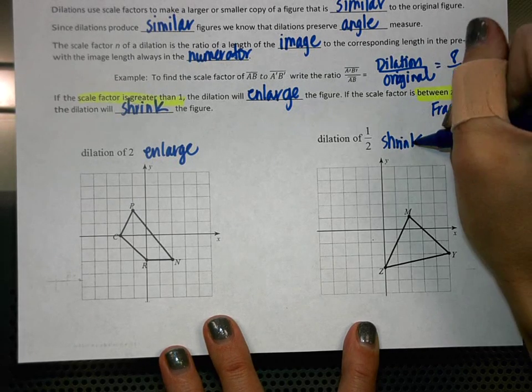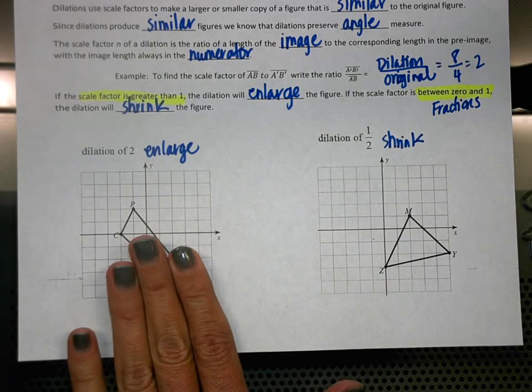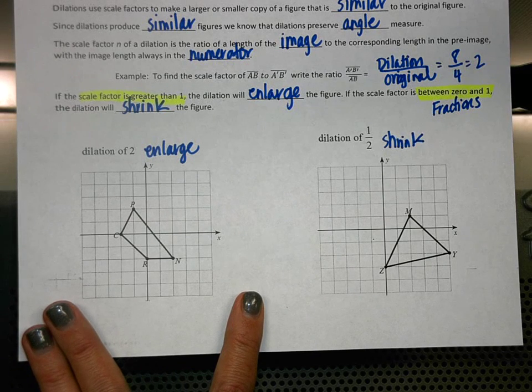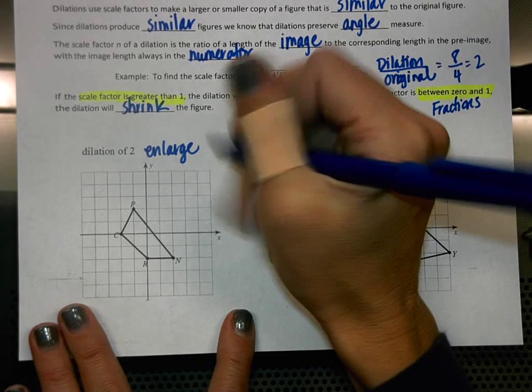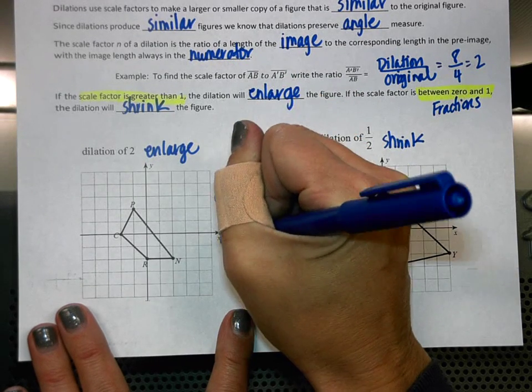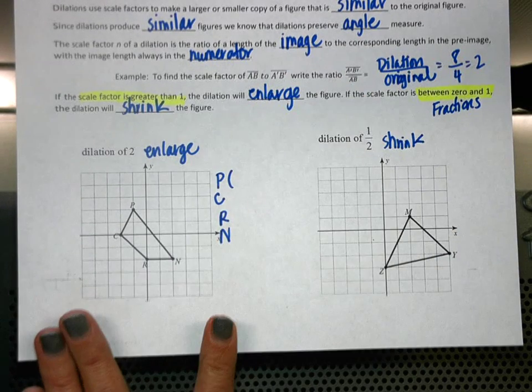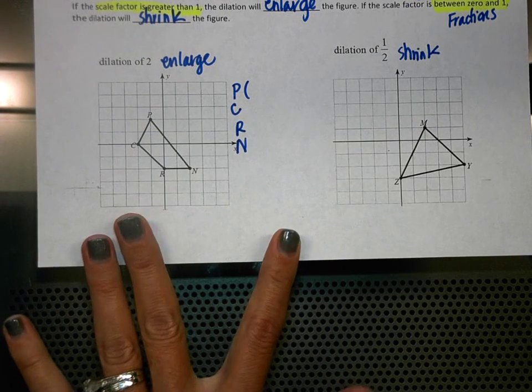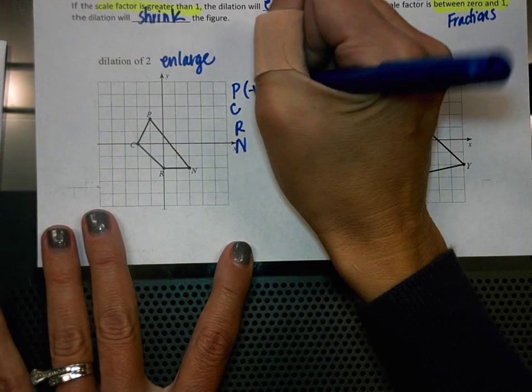Okay, so in order to enlarge and shrink, it's easiest to always start with your ordered pairs. So we have P, C, R, and N. What is the ordered pair for P? Good. -1, 2 is correct.